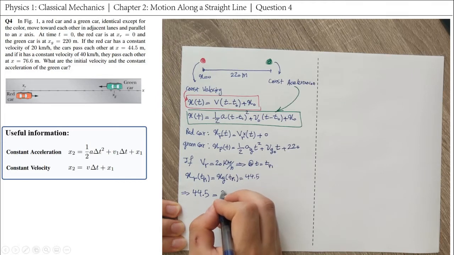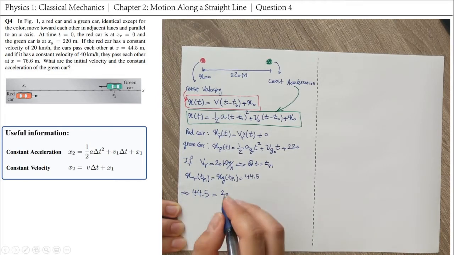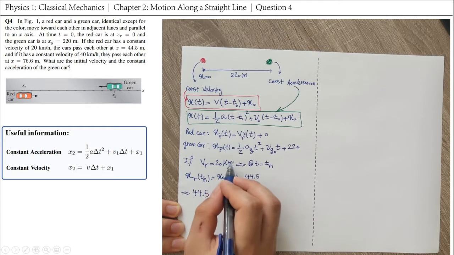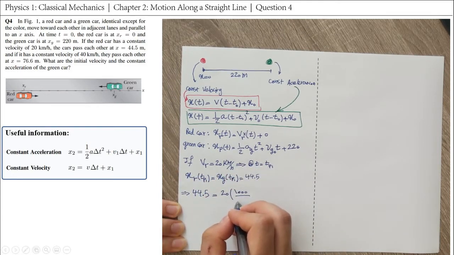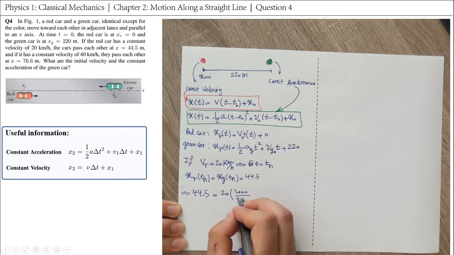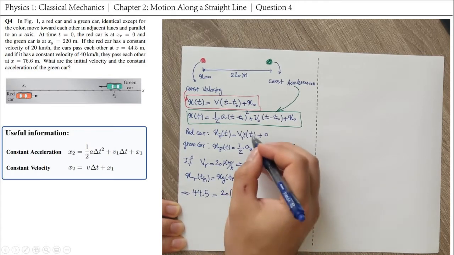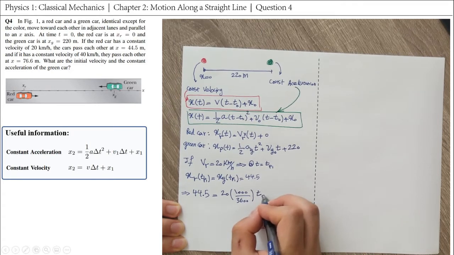So it's going to be 20 VR, but converting it into meters per second requires me to multiply this by 1000 to account for conversion between kilometers to meters. And each hour is 3,600 seconds, so it's going to be 3,600 here. So this is just the velocity times t, and t equals tp1.